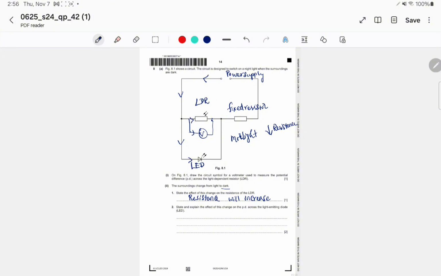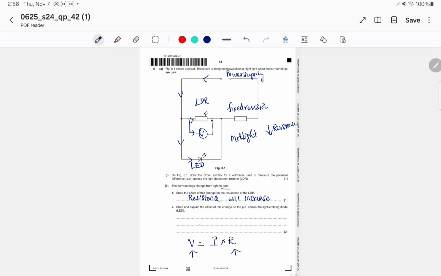But whereas if it is a light dependent resistor, LDR is there, so it will change the resistance during the dark. So how will it? We know the formula, V is equal to IR. As the voltage increases, the resistance also increases. They are directly proportional.